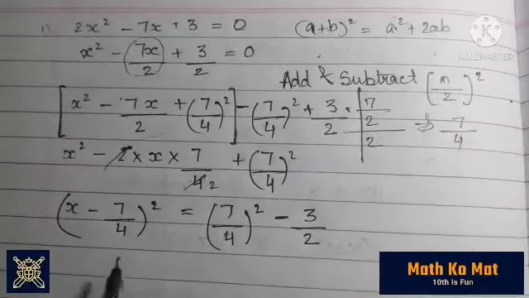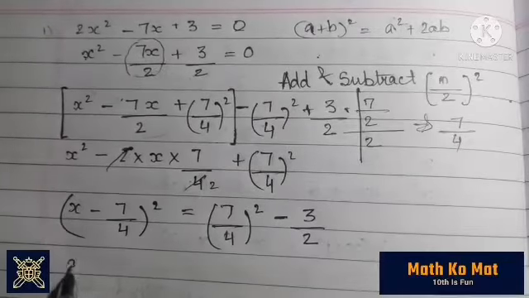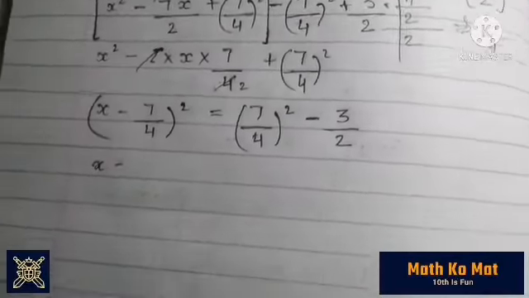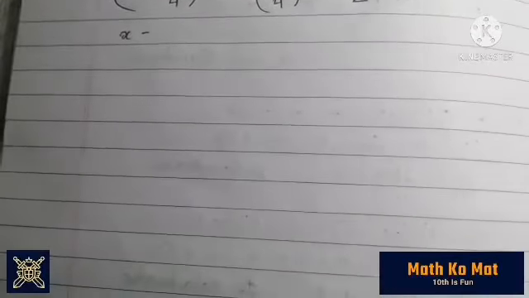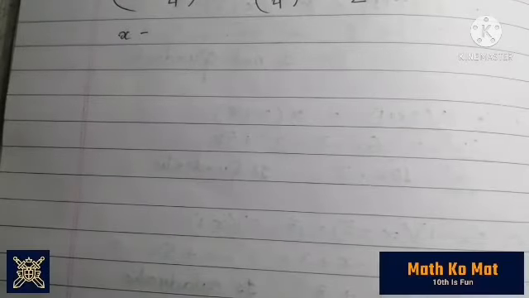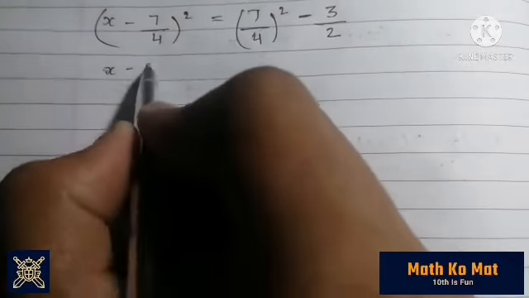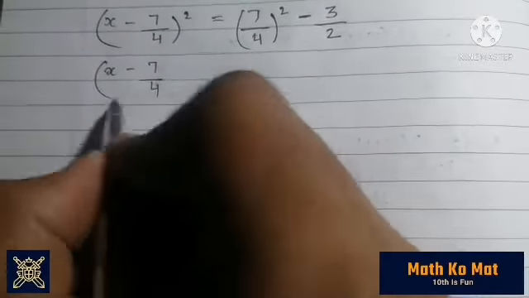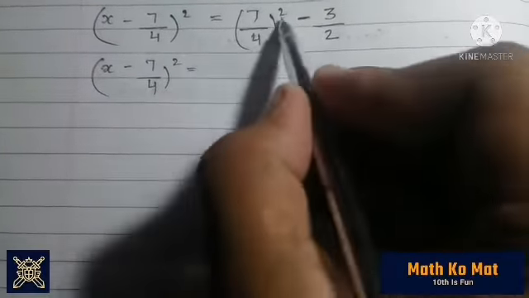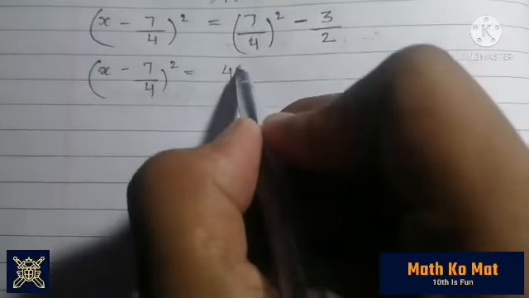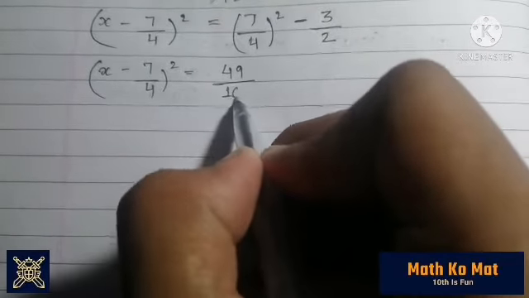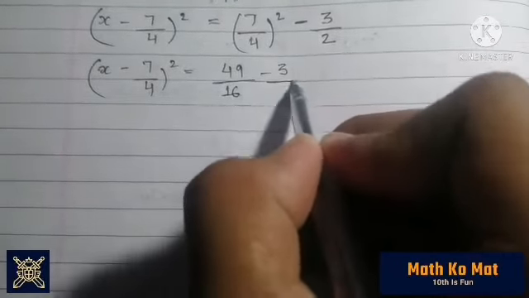And now you just have to operate on it. So x minus 7 by 4 whole square is equal to 7 square, as we know, is 49, 4 square, as we know, is 16, and minus 3 by 2.